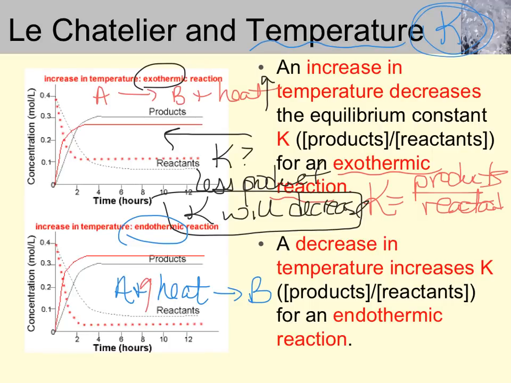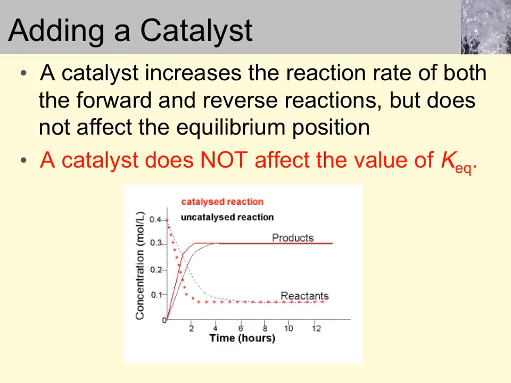If we increase temperature, it's going to shift to the right. That means it's going to make more product. And what is that going to do to K? So K will, if we make more product, the numerator increases and K will increase.